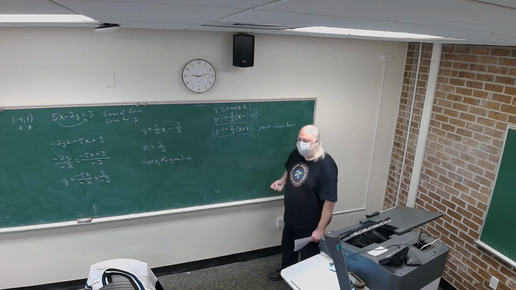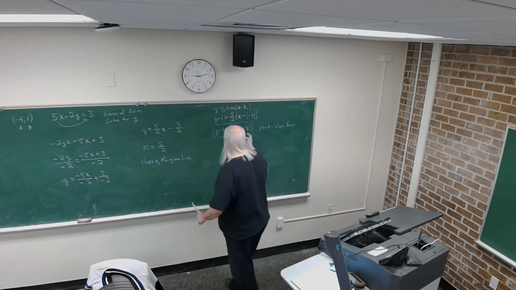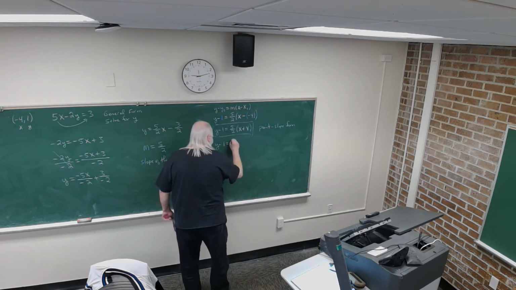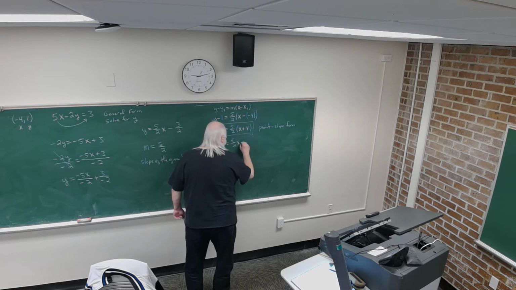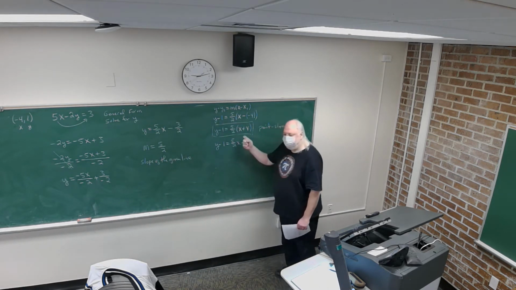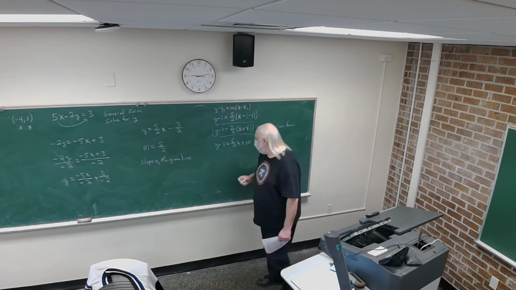Now, if we want to write it in slope-intercept form, we got to solve for y, right? So we distribute the 5 halves inside the parentheses on the right-hand side. We have 5 halves x plus 4 times 5 halves, which is 10. All I did was distribute 5 halves inside the parentheses. And now I add 1 to both sides.